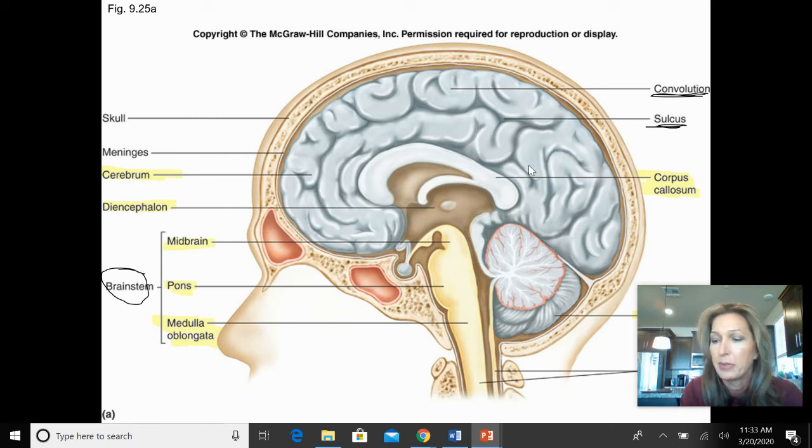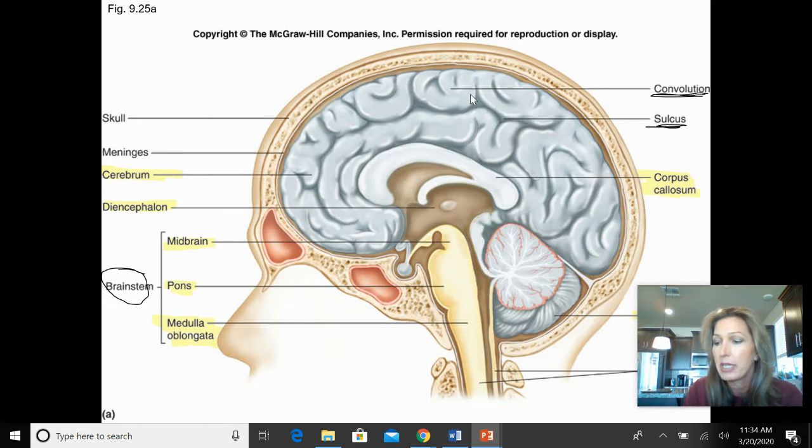Now, we talked about the convolutions and the sulci, and if we're talking about the cerebral cortex, the cerebral cortex is the outermost layer of the cerebrum. The cerebral cortex is all gray matter, and being gray matter, that means it's not myelinated, and this is where the highest number of neurons exist in your brain.